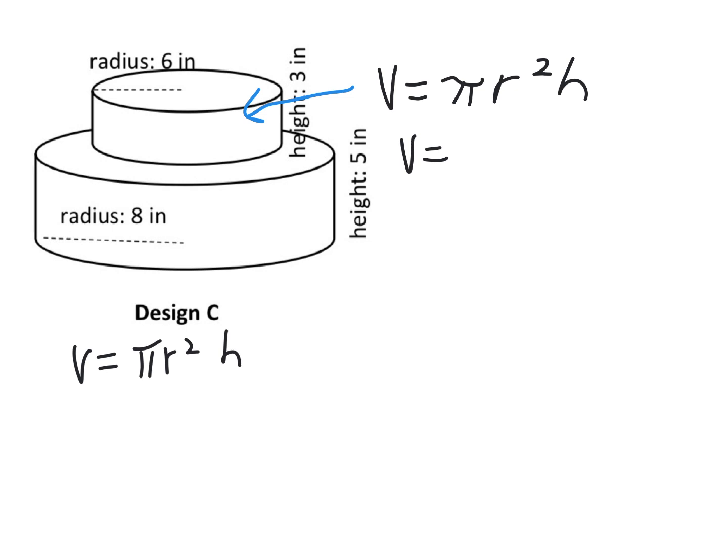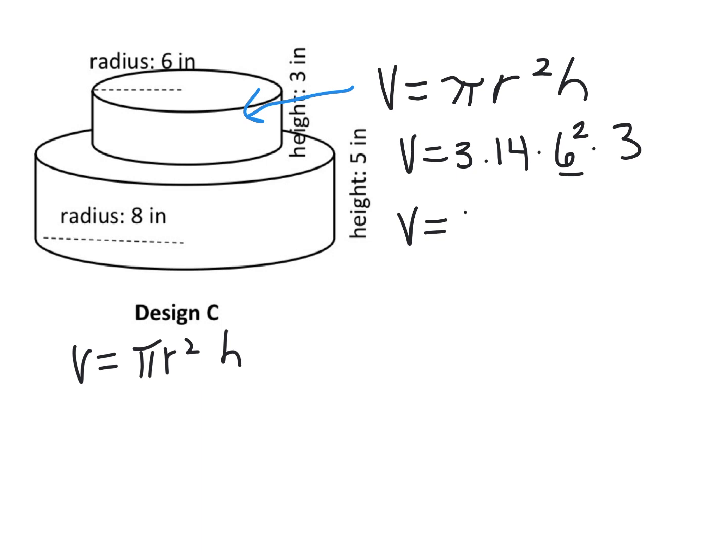I'm going to use 3.14 for pi just to estimate it. The 3.14 times 6 squared times the height of 3. Okay, so this is 36. So 3.14 times 36 times 3.